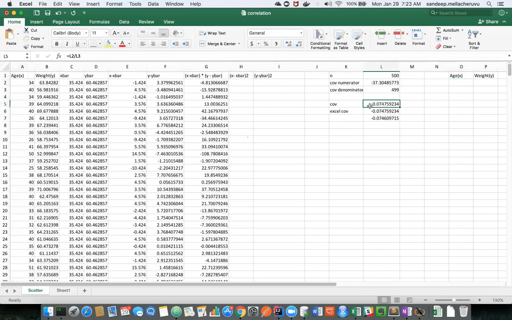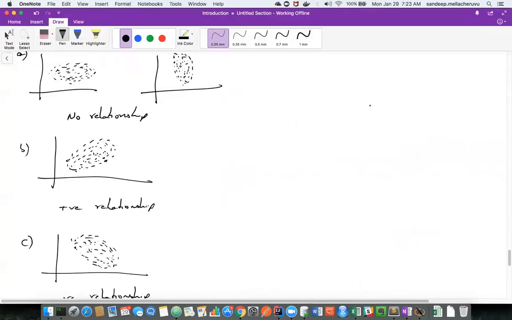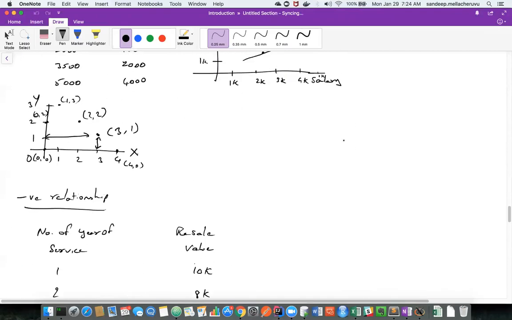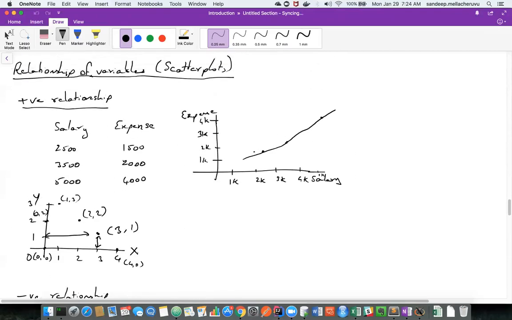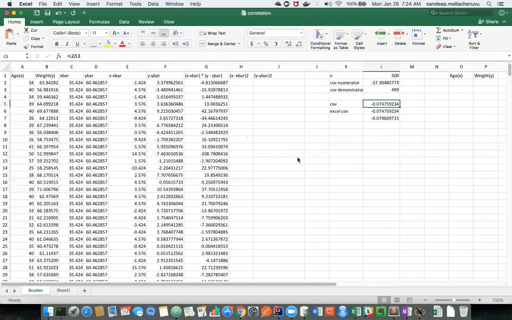The reason for doing this is that I started with scatter plots, and in scatter plots I could not find out the strength of the relationship. I could only see that there is an upward or downward trend, but I could not make out how strong the relationship between those two variables is. Now I got some covariance value.